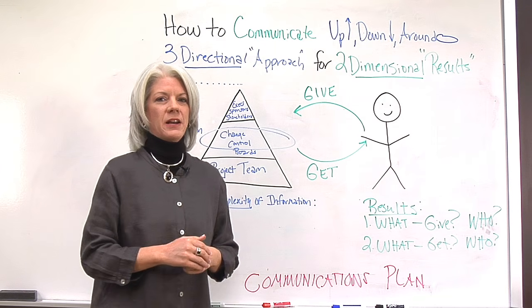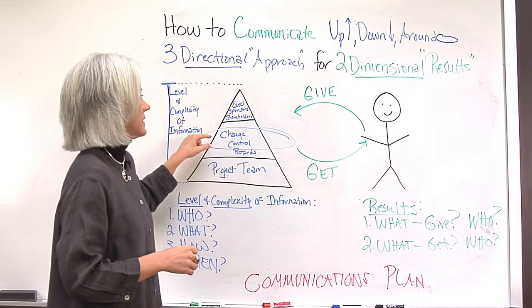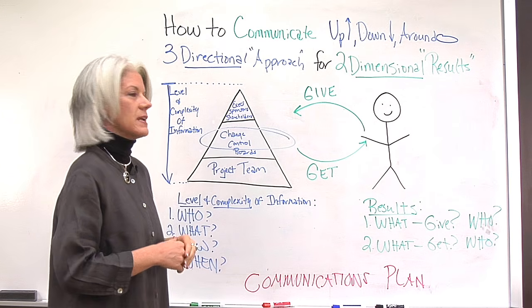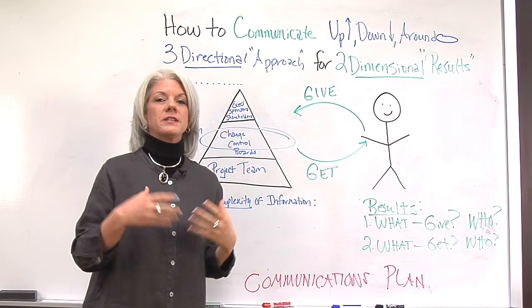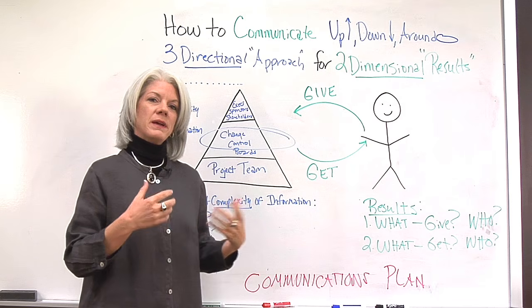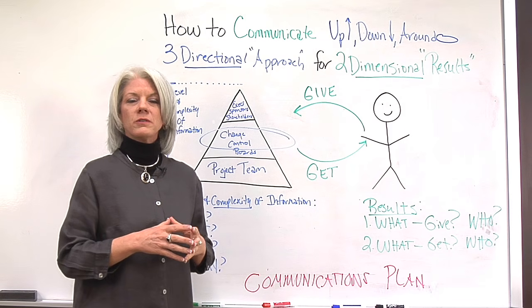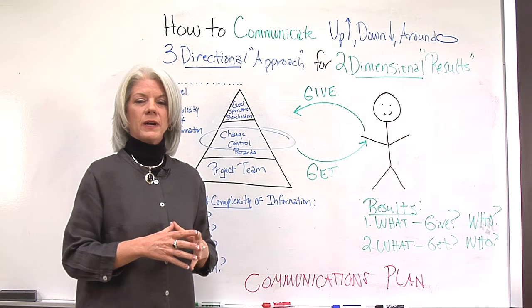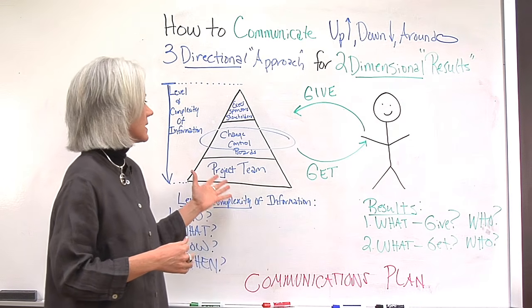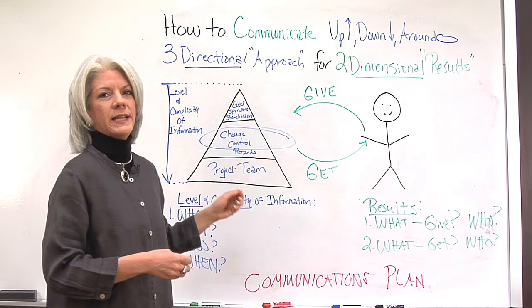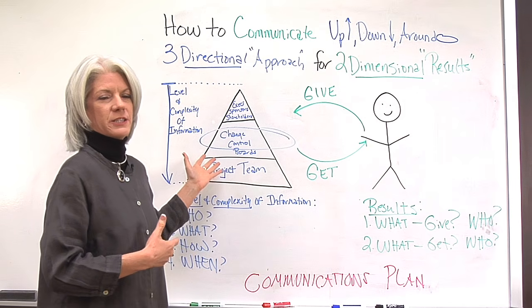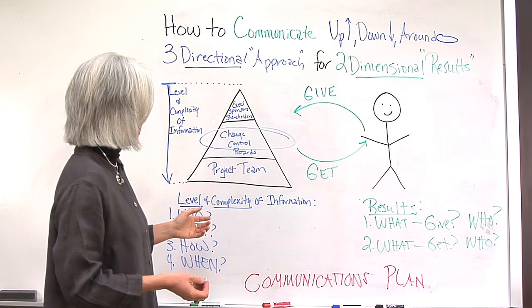Where are we, and are we on track? The change control board needs more information so that they can make decisions, address issues, escalate issues, resolve any risk, or handle any change request. And then the project team needs more information, again, so that they can complete their deliverables.